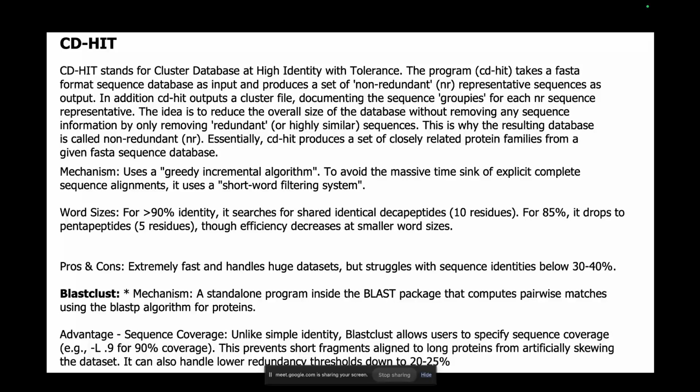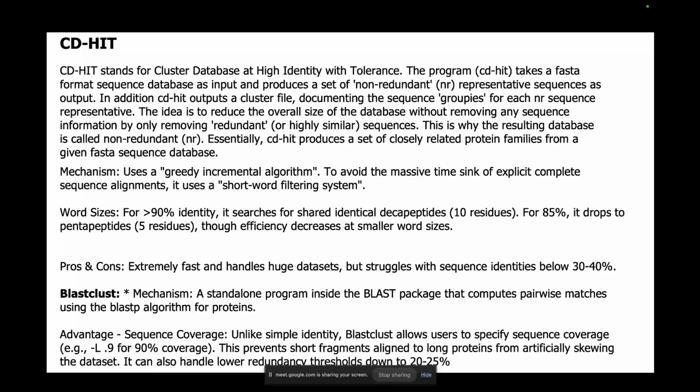So you take this FASTA format sequence database as input, and you produce a set of non-redundant representative sequences as output. This is what CD-HIT does. From that particular line you should be able to understand what this is doing. This is calculating distances or similarities between a set of protein sequences, right?